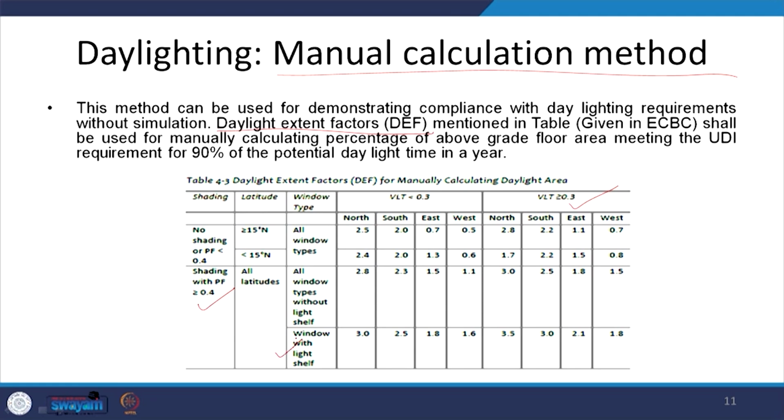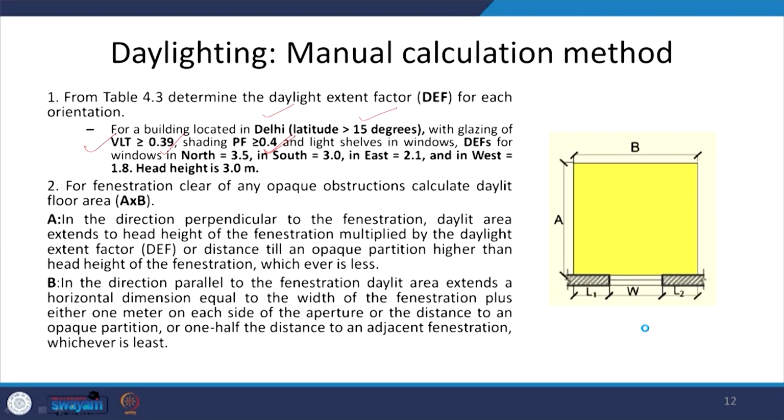Here it is with light shelf. So, we can see that these are the relevant numbers of DEF to be used in calculations here. Based upon this, we get these numbers: north 3.5, south 3.0, east 2.1 and west 1.8, and the head height is also available as per the design.